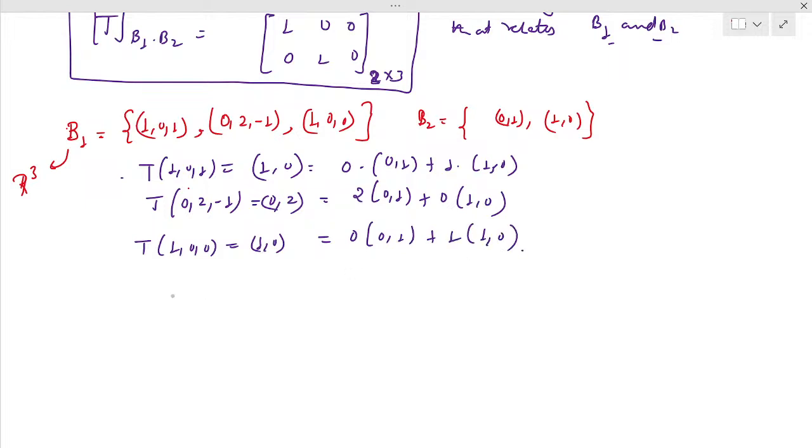So clearly you can say that T with this different basis set B1, B2 happens to be (0, 2, 0) and (1, 0, 1). Is that clear?